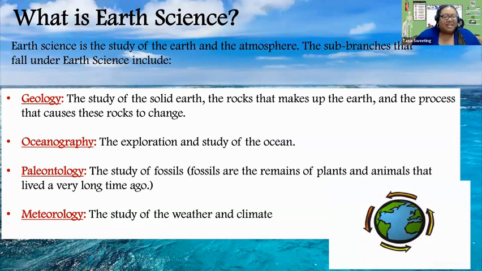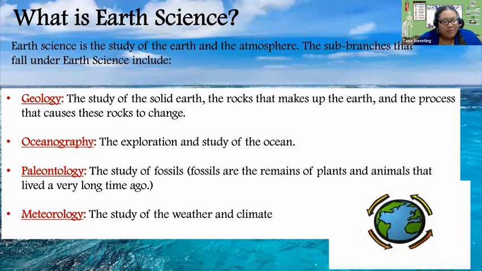Oceanography is the study of the ocean, a lot of the marine life that lives in the ocean. That's what we study in oceanography. Then we have paleontology. Paleontology is the study of fossils. Fossils are the remains of plants and animals that lived a very, very long time ago.